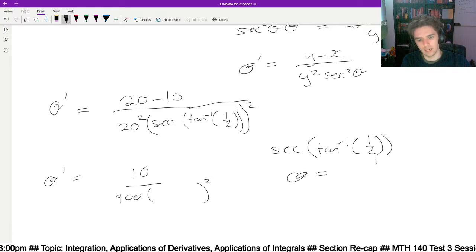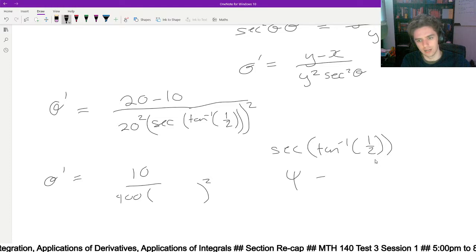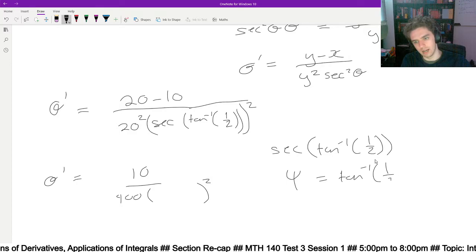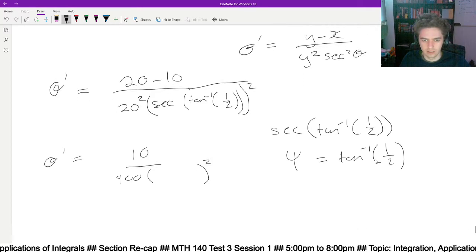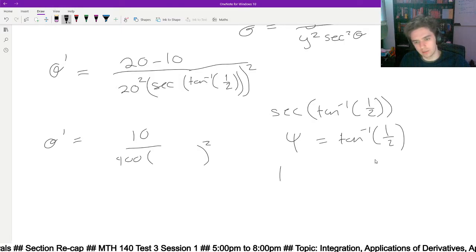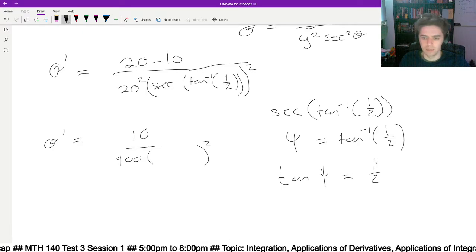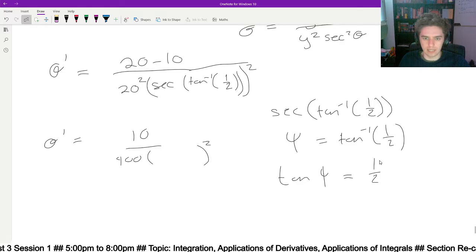So we're saying theta, or actually I won't call it theta, but I'll call it phi, I guess. Phi equals tan inverse of a half, right? Or no, maybe I should call it theta actually. I don't know. We'll figure it out. So tan phi equals a half. But we're looking for secant of that theta.